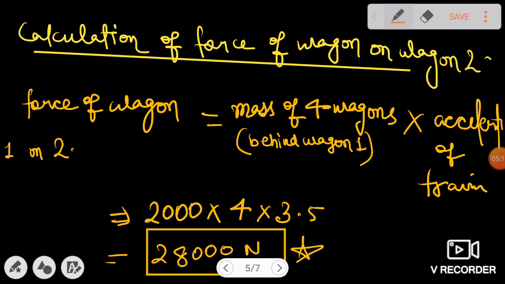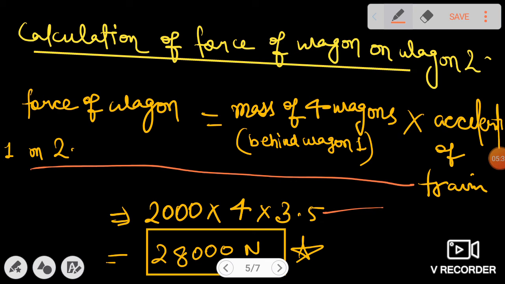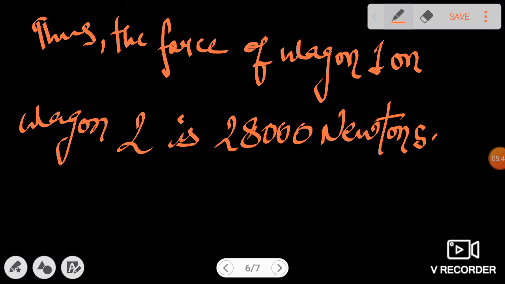Now the force of wagon 1 on wagon 2 will be equal to the mass of 4 wagons, because they are behind wagon 1, into the acceleration of the train. Applying this formula, we get 2,000 into 4 into 3.5. So the answer will be 28,000 Newton. Thus the force of wagon 1 on wagon 2 is 28,000 Newton.